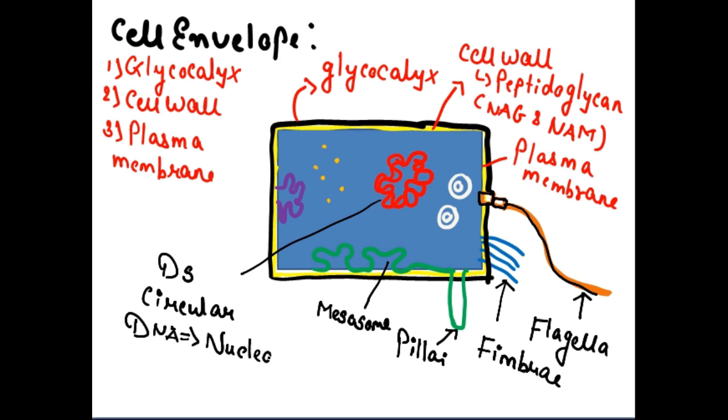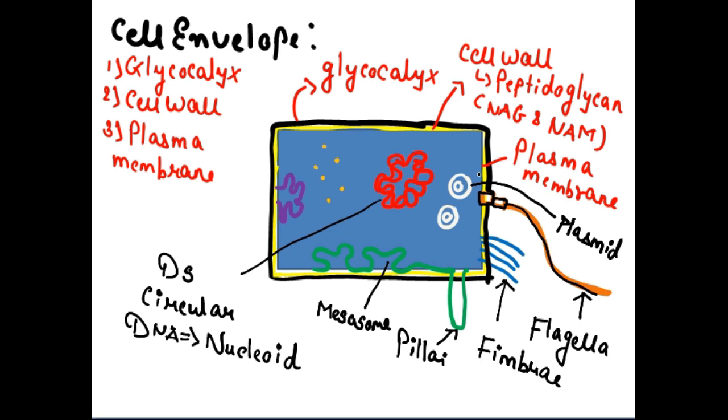And another structure is called plasmid. This plasmid is also a double-stranded circular DNA. The main property of the plasmid is that it is self-replicating, and it provides unique phenotypic characters, that is, resistance to antibiotics.